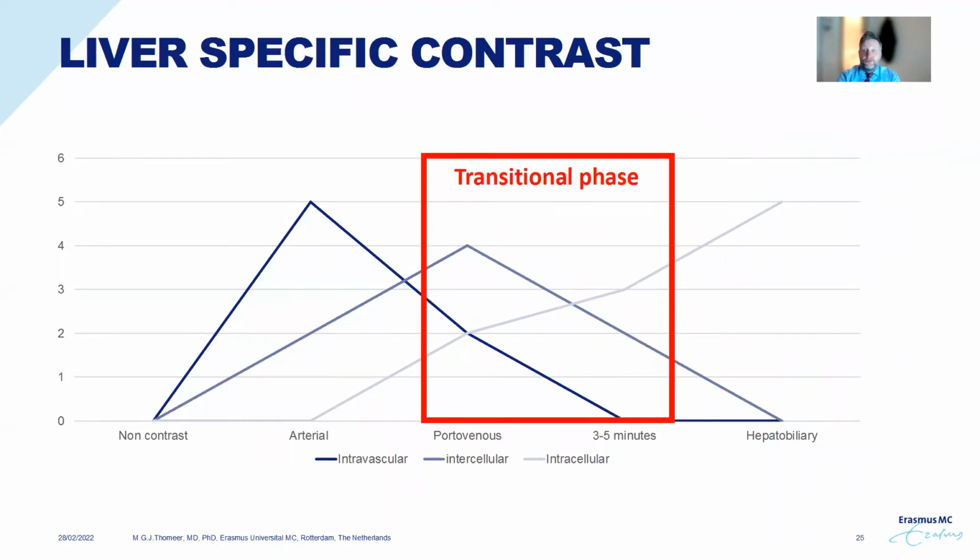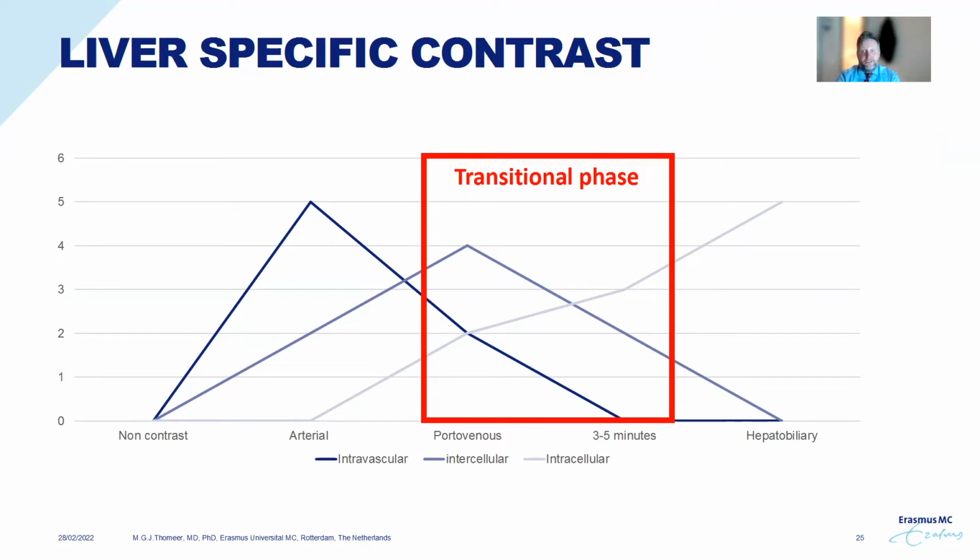Now a short notice concerning the transitional phase. This exists only if a liver-specific contrast agent is used like Primovist. The intensity of the liver and the tumor is influenced in this phase by all three components: intravascular, intercellular, and intracellular.